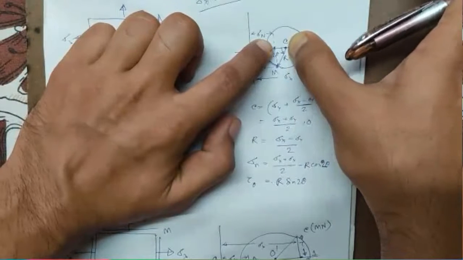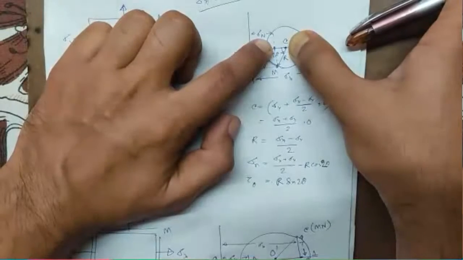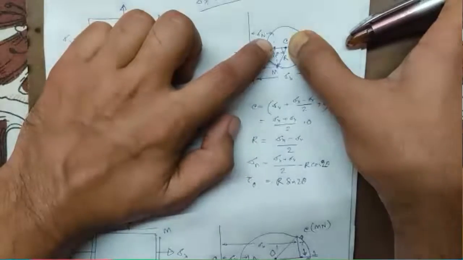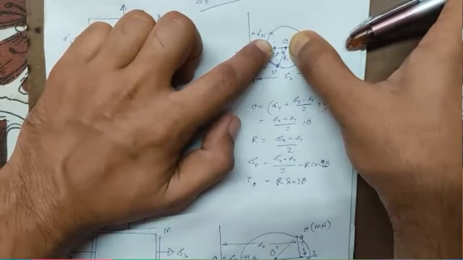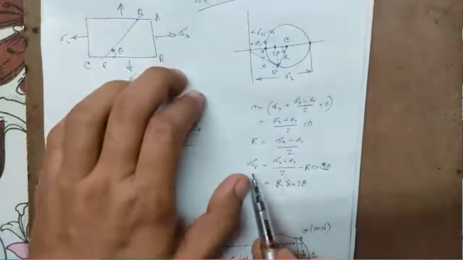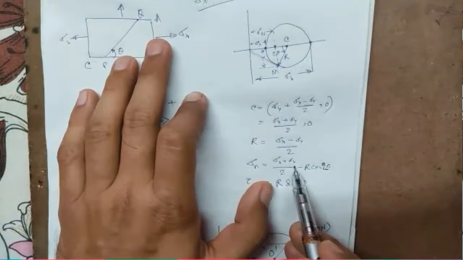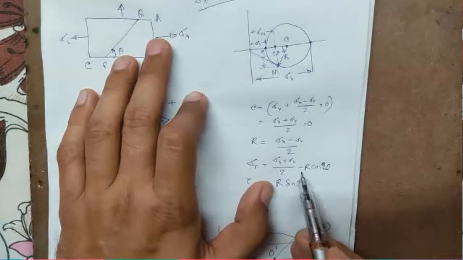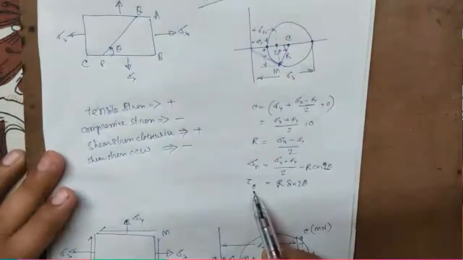This much is r cos 2 theta because the angle is 2 theta at C, and this is the radius r. So sigma n can be found out as OC minus r cos 2 theta, which is sigma x plus sigma y by 2 minus r cos 2 theta.